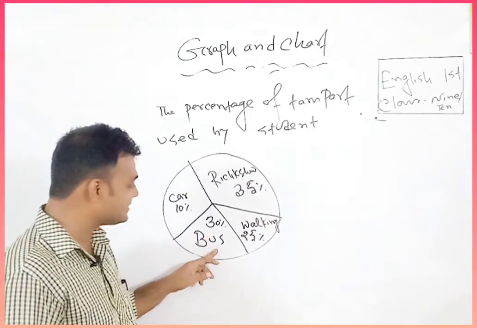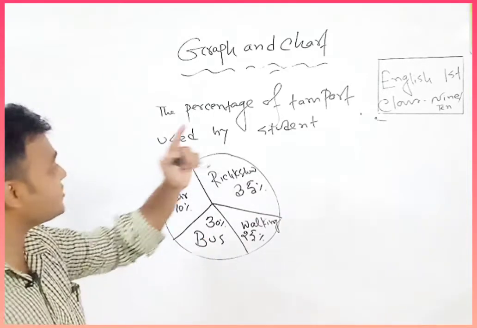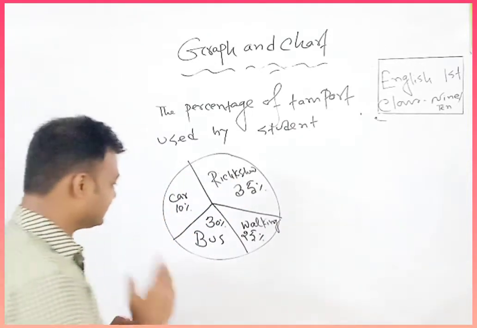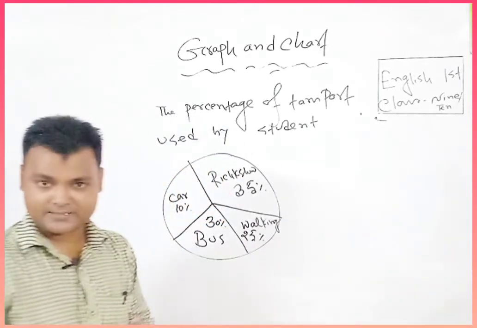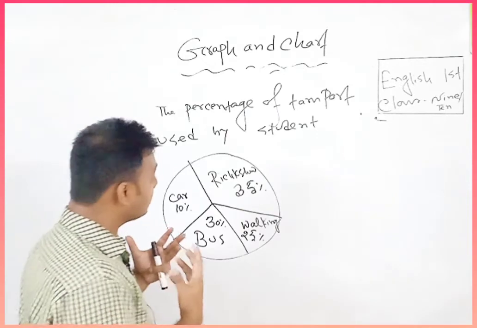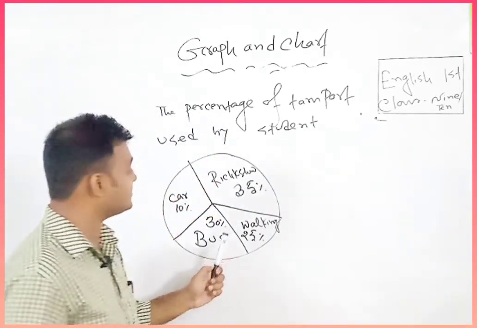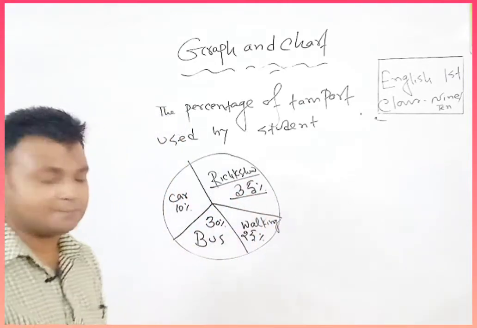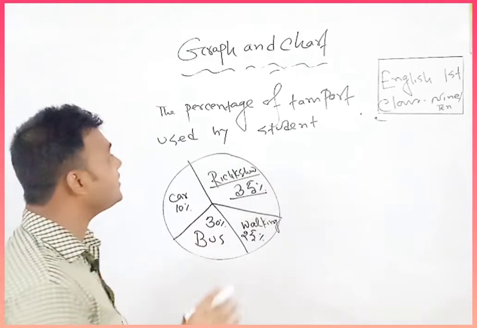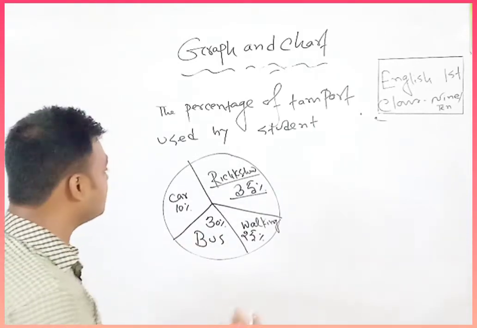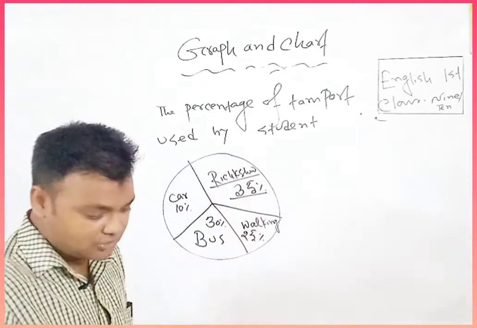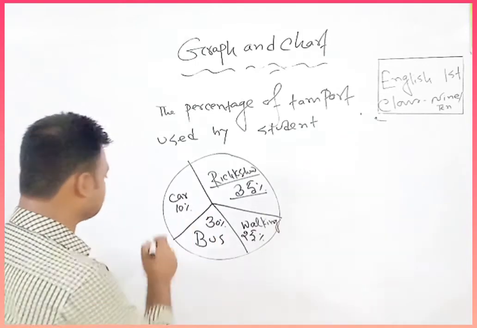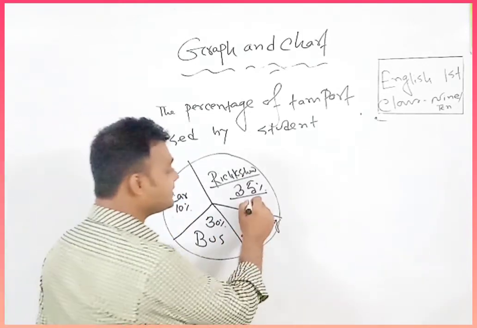The percentage of transport used for bus is 30%, and walking is 25%, and the rest use rickshaw, 35%. That means 35% of students use a rickshaw to go to school. So we have seen that the lowest percentage is car and the highest percentage is rickshaw.